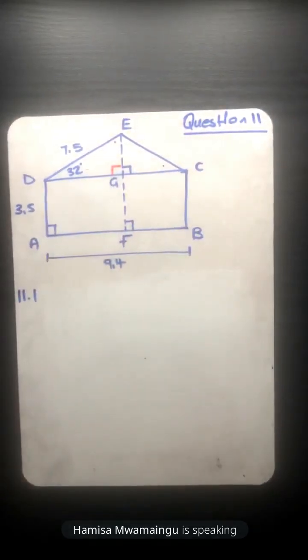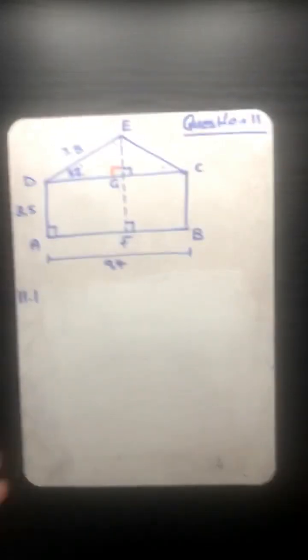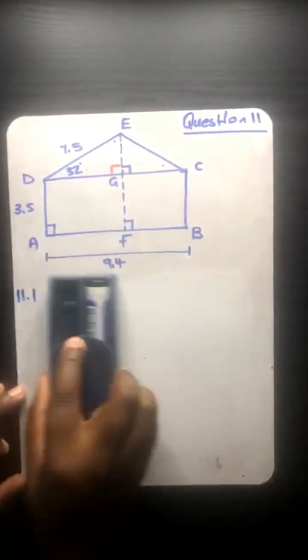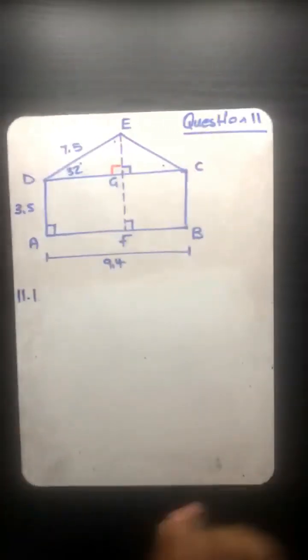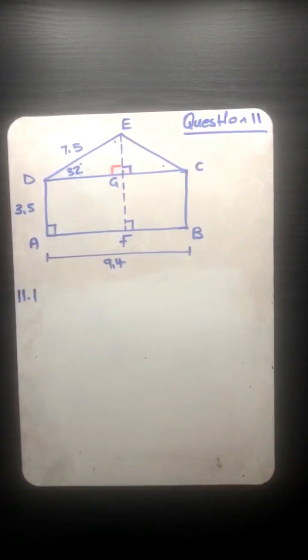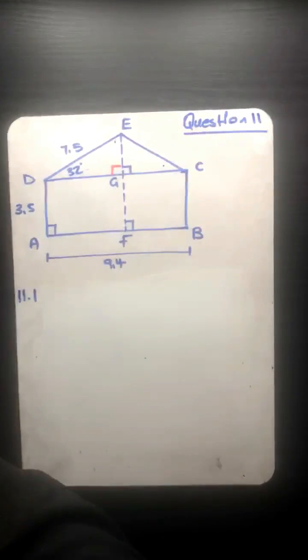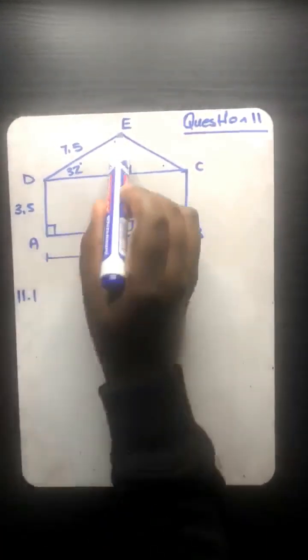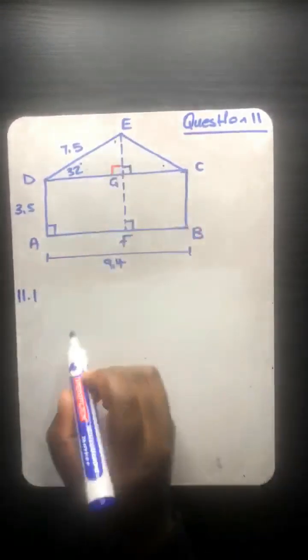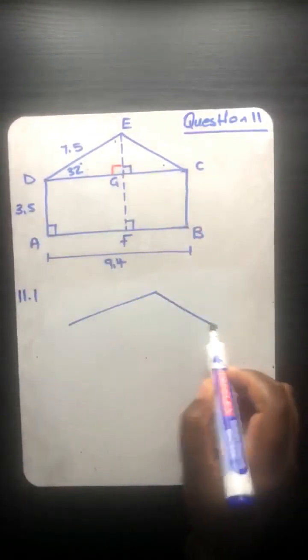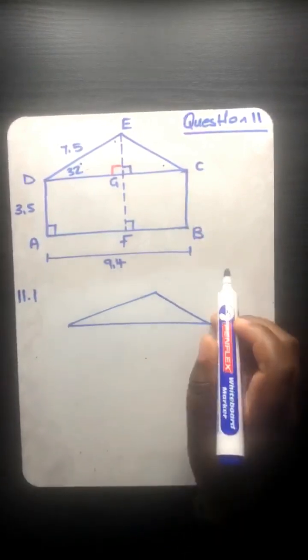Okay, at least you've done something, because there are those who would say, this one I would skip it. But it's 3 marks. This is where the examiner is getting you, honorable members. You realize you have that right angle triangle. But what if you look at that bigger triangle?